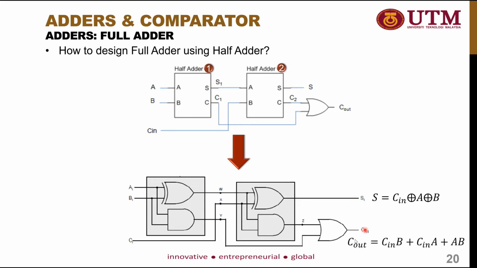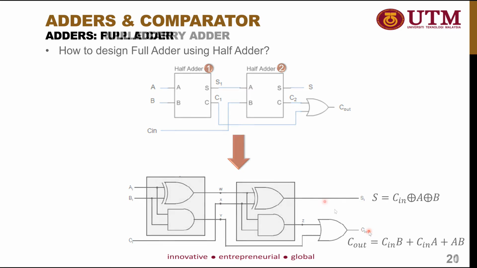And also Cout will be equal to Cin B plus Cin A plus AB, which comes from here. So the Cout that you will get is also similar to the Cout that you get from the full adder. This is how you can design a full adder circuit by using two half adders.